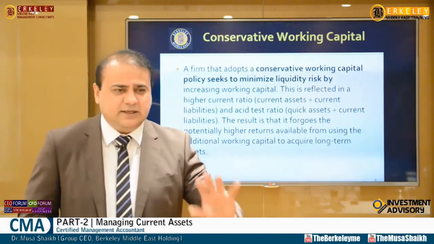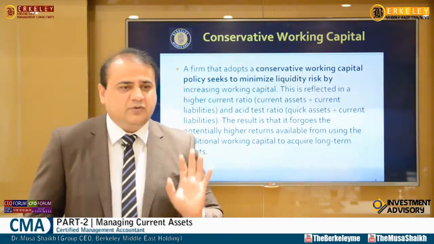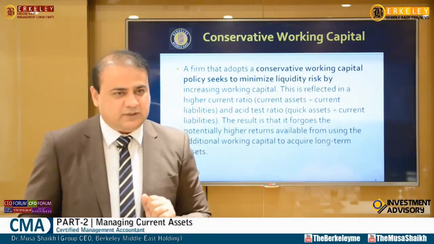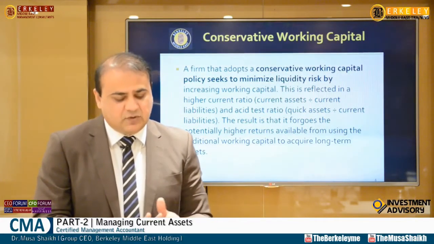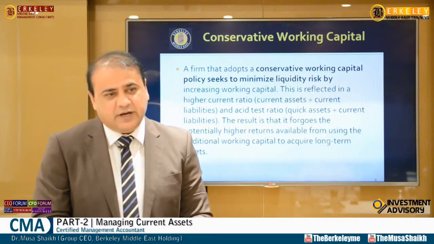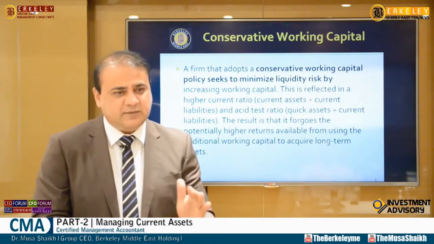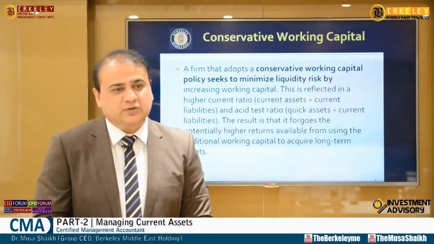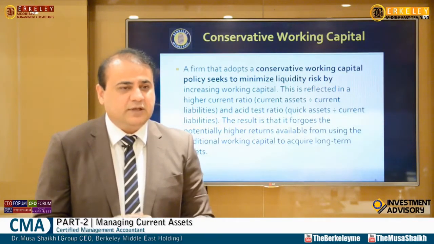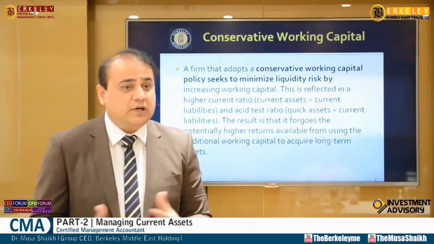I need less return, but I need to guarantee my investment. So you will find three types of investors: aggressive, moderate, who are calculated, taking some risk and some non-risk products, and one totally aggressive, who invests in non-traditional and alternative products.